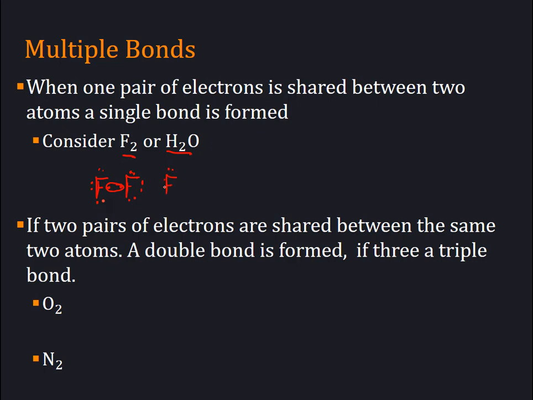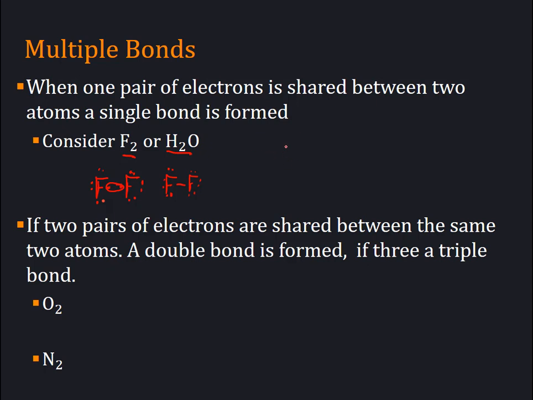So we have our fluorine with its 6 valence electrons and then its pair of shared electrons, and then the other fluorine with its 6 valence electrons. Now that line counts as the 2 electrons, and so if we count it up, 2, 4, 6, 8 for the left fluorine, and 2, 4, 6, 8 for the right fluorine. They both obey the octet rule. This is a single bond because it's one pair of shared electrons between two atoms.